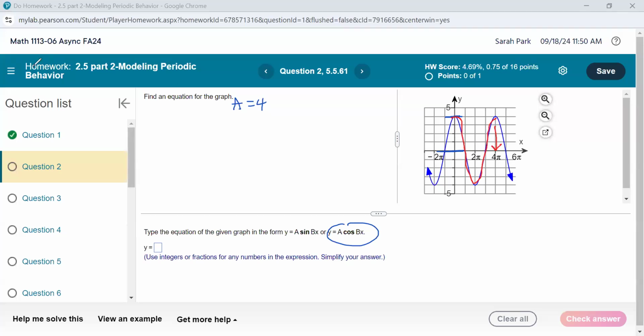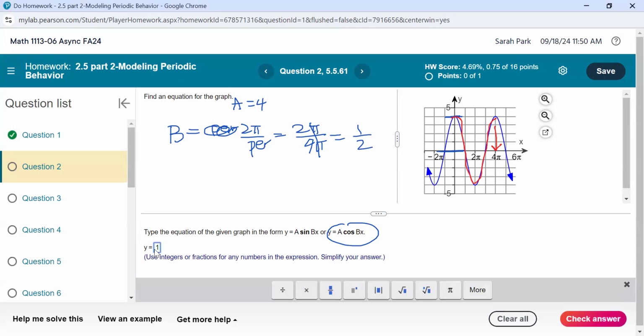And so to get the b, you take 2 pi and divide by the period, and this is 2 pi over 4 pi, which the pi's cancel and you got 1/2. So the equation is y is equal to 4 cosine of 1 over 2x.